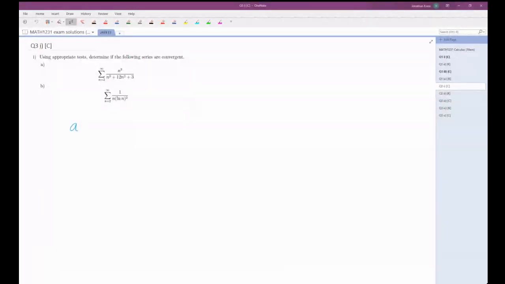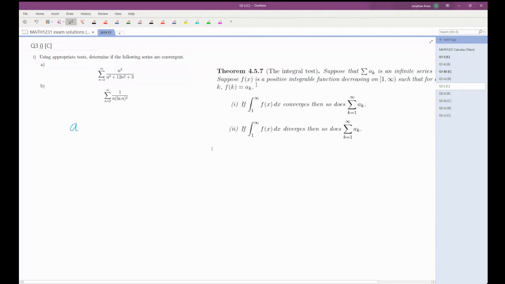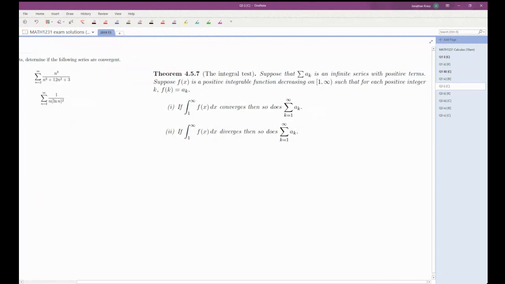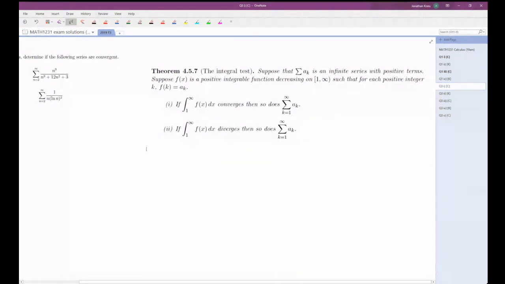There we go. Okay, so this is the theorem on the integral test, and it says in here, suppose that a_n is an infinite series with positive terms, and f of x is a positive integrable function on 1 to infinity.